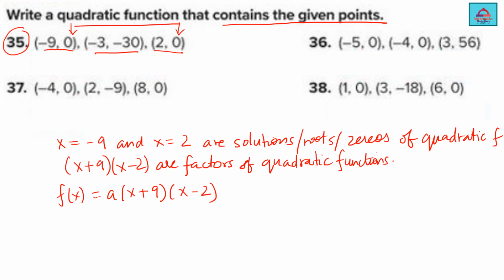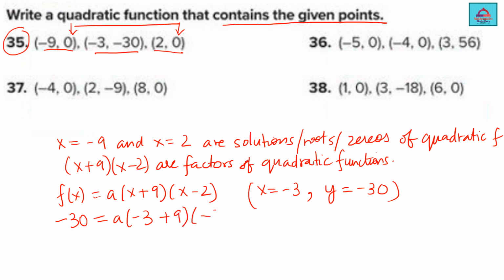The quadratic function passes through this point. So x equal to -3 and y equal to -30 is also a solution. So you can put y as -30, a times (-3 + 9)(-3 - 2). So what I have done here is I have substituted this value in place of x and -30 in place of f(x). So what do you get?